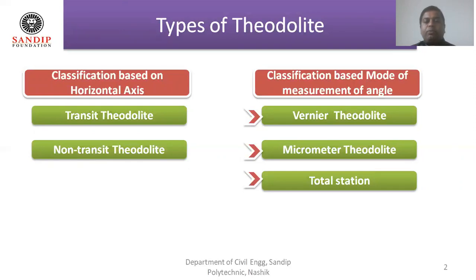In case of micro-optic theodolite, micrometers are provided. By using that micrometer, we have to measure the angles. And total station, this is a modern instrument in which we get the readings in digitalized form. So these are the different types of theodolite depending on mode of measurement of angle.